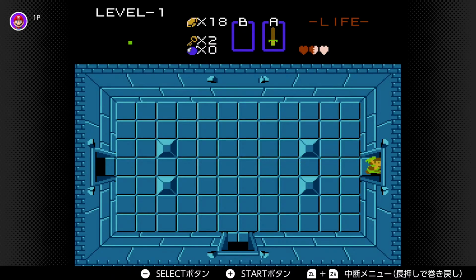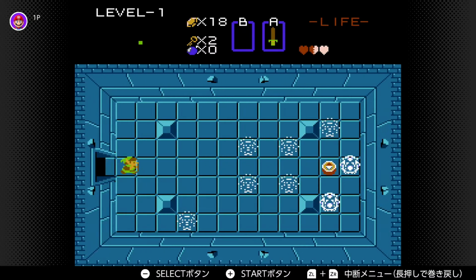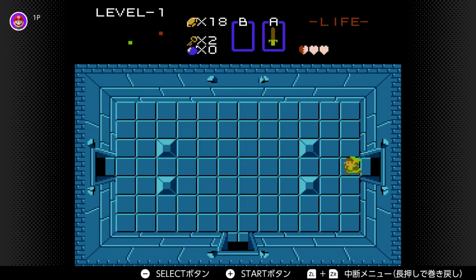Let's see, let's try again to the right. Yes, we get the compass. I feel like we should have got... I don't remember where the map is in this dungeon, at least for now. Okay, let's defeat... oh boy, we're risking quite... okay, the Triforce is up there. The compass shows that in this game.